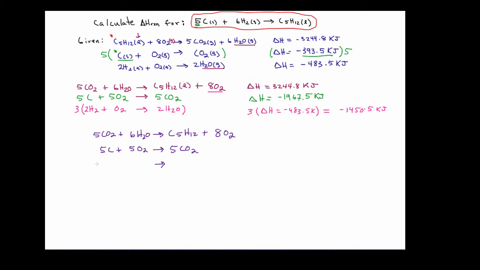Alright, and then let's see. This last one's going to be 6 H2s plus 3 O2s. And then that's going to make 6 H2Os. So now we're ready to sum this thing together. And let's see my delta H's. I'm just going to quickly put the numbers in.